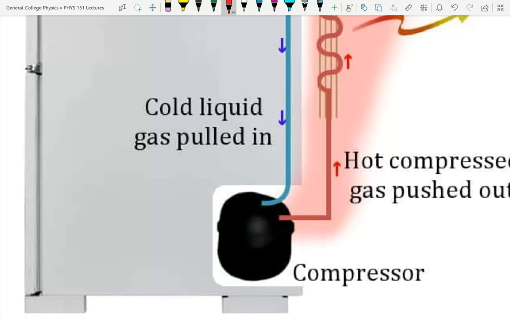What's going to happen to the temperature of a gas when you compress it? You have PV equals nRT. If the P goes up and V stays the same, then the temperature has to go up, which is what you said, right? I heard somebody that did. Yeah. So the temperature is going to go up.